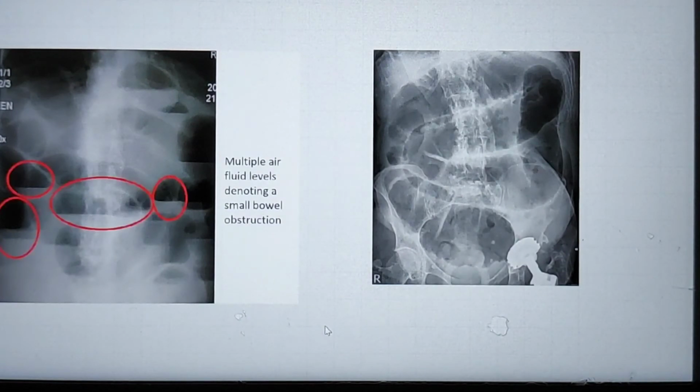So these are examples of abdominal X-ray in those with intestinal obstruction. In the first one, we can see that there are multiple air fluid levels, denoting a small bowel obstruction. In the second abdominal X-ray, we can see that there is very dilated bowel.